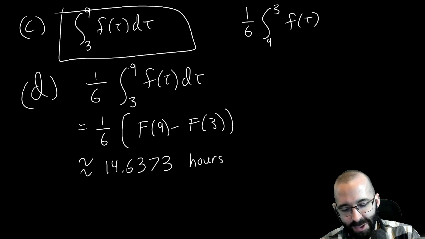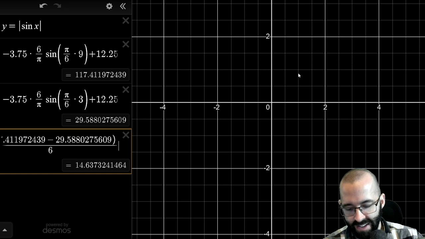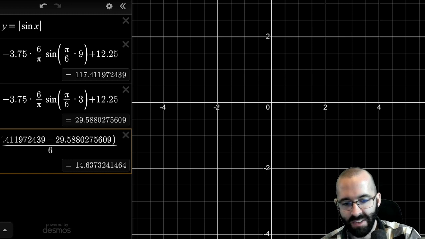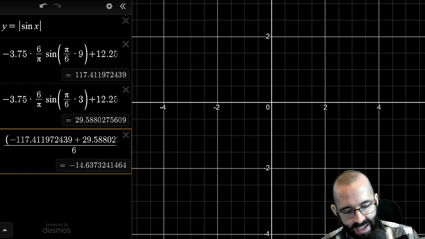This is like part 2 of part D, which is again going to be 1/6 times capital F of 3 minus capital F of 9. All we have to do in these calculations is switch the order of the subtraction. We'll turn that one positive and that one negative.